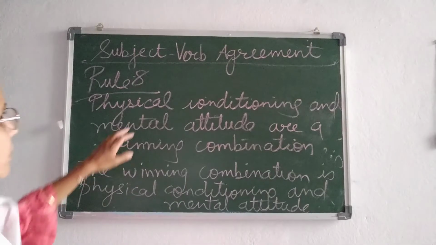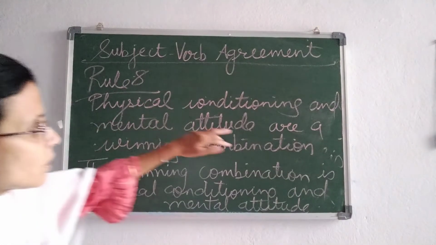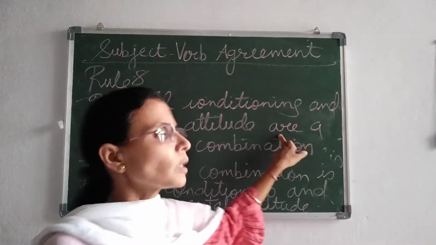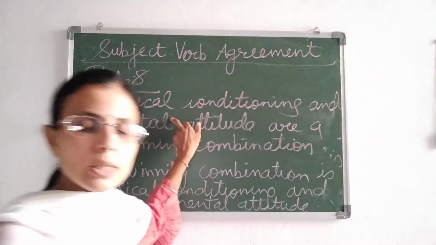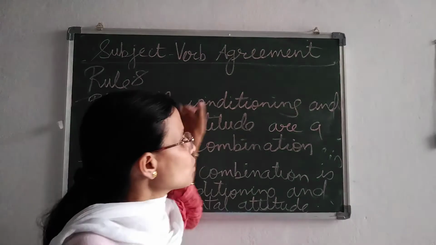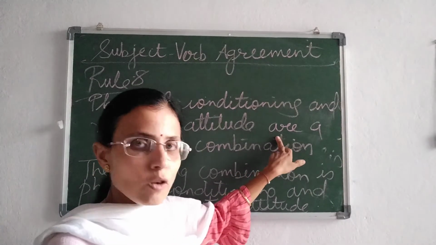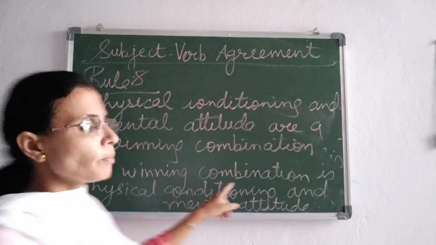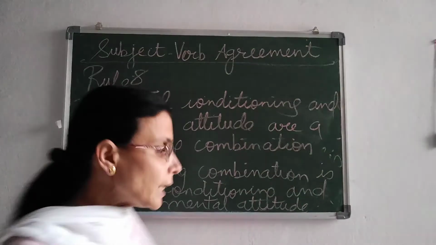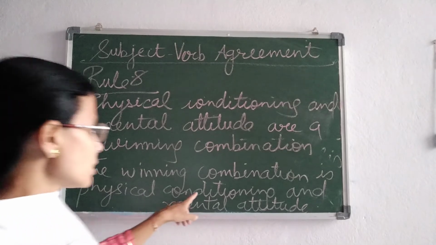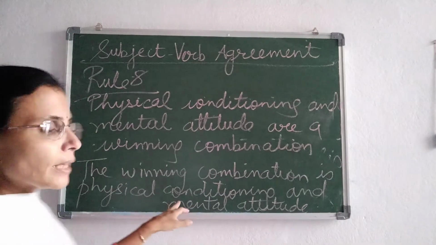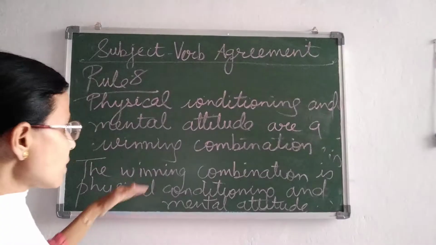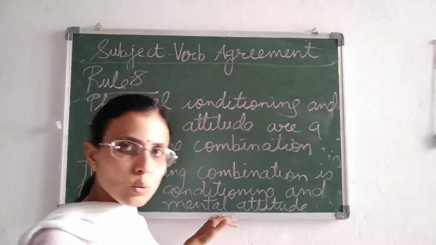It means here if the subjects are two, verb will also be in plural form, because here there are two subjects. It means a plural subject, so verb will also be in plural form. But in the second sentence, subject is only one, winning combination, and predicates are two. One is physical conditioning and one is mental attitude. So here subject is one, predicates are two.